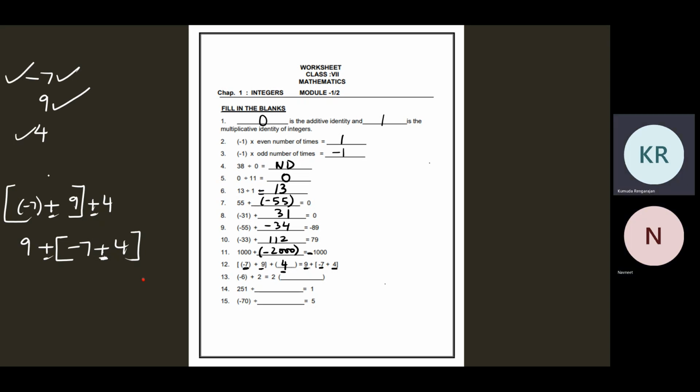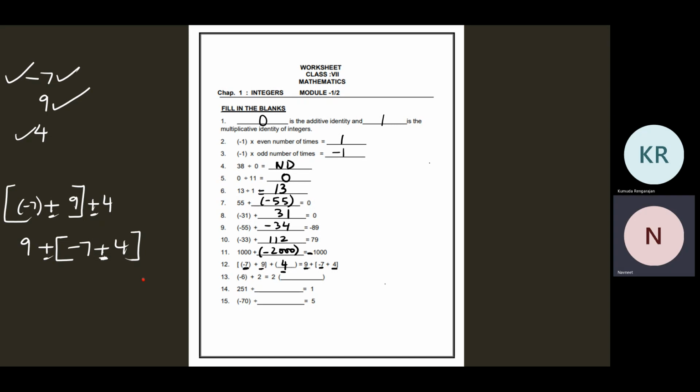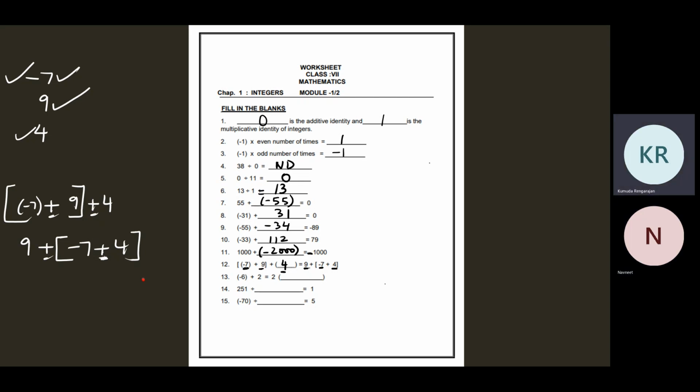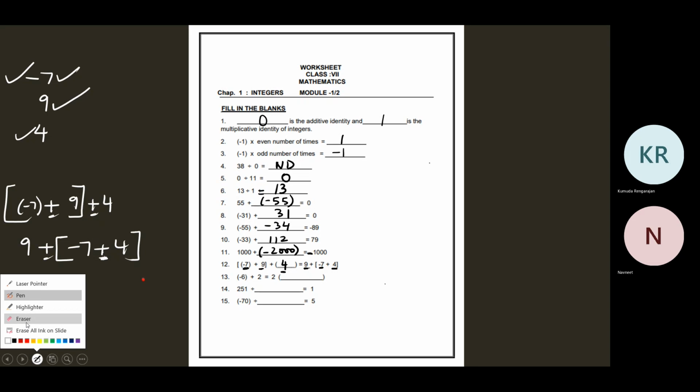What is the operation connecting the numbers? What are the 4 mathematical operations? Addition, subtraction, multiplication, and division.